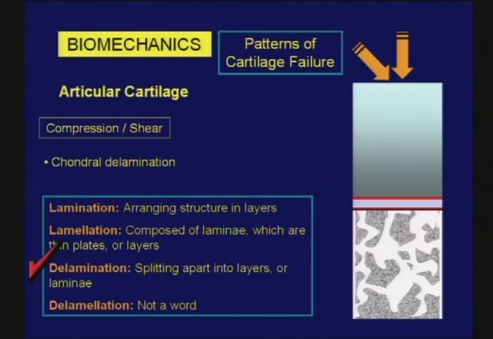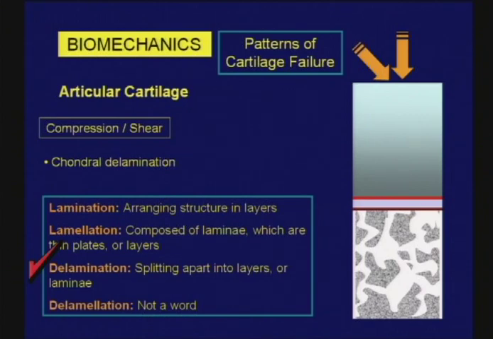With regard to tendons and ligaments, delamination indicates failure along the long axis of the collagen bundles. With regard to articular cartilage, delamination has been applied to processes that are not parallel to the collagen fibers of the articular cartilage, which seems in my mind to be incorrect.